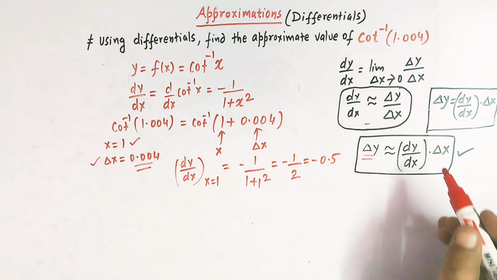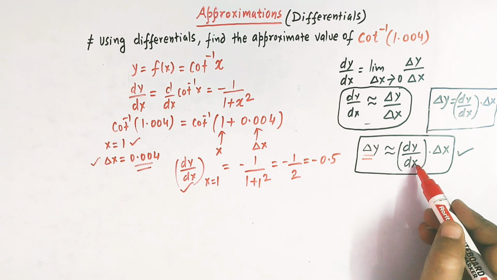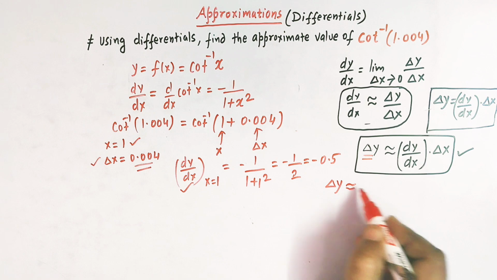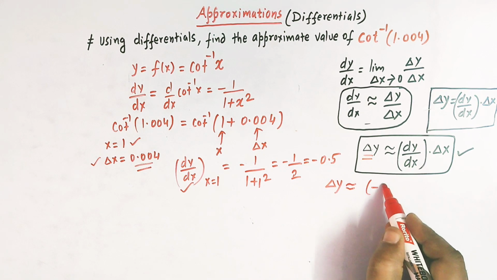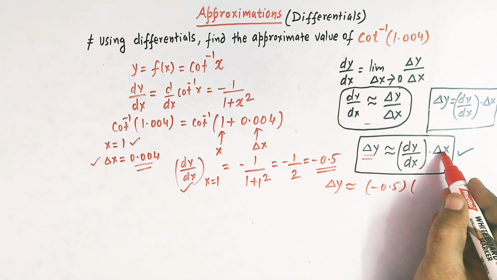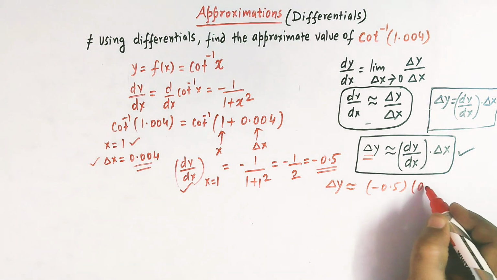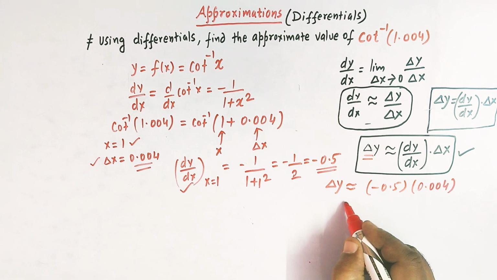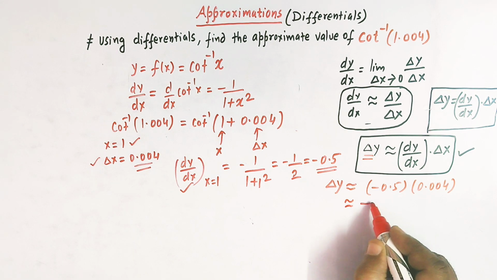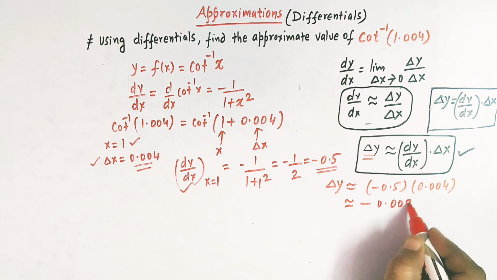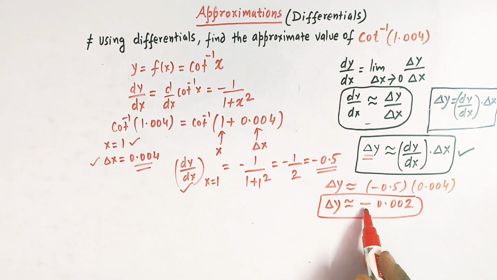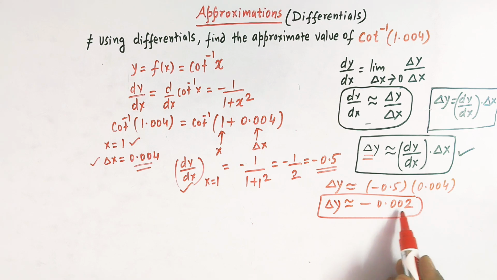Now substituting dy over dx and delta x in this expression, delta y is equal to minus 0.5 times 0.004, and if we multiply these two quantities, we get minus 0.002. So the approximate value of delta y is negative 0.002.